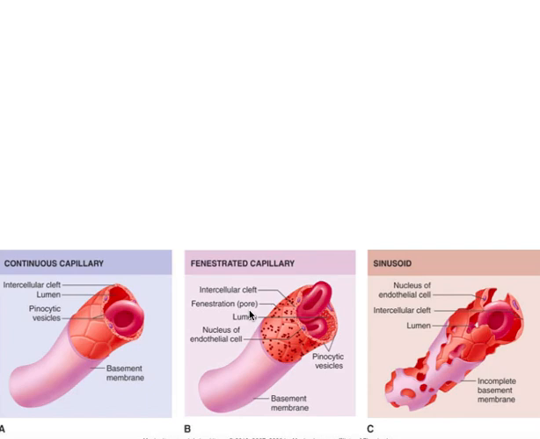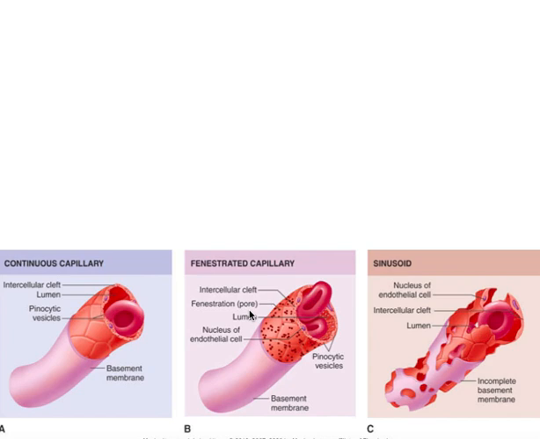You'd find fenestrated capillaries in places where you want active and rapid capillary absorption or filtration of structures. A really good example of this would be in the kidneys, where you have to make sure that the kidneys are filtering blood properly. And so we'll come back to fenestrated capillaries when we talk about the glomeruli of the kidneys.